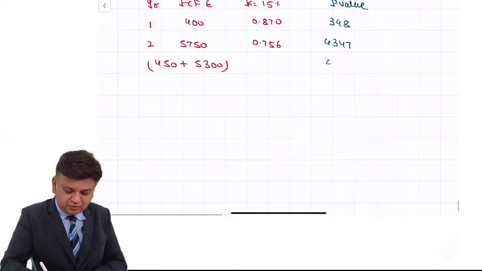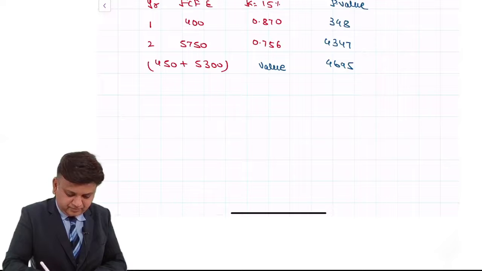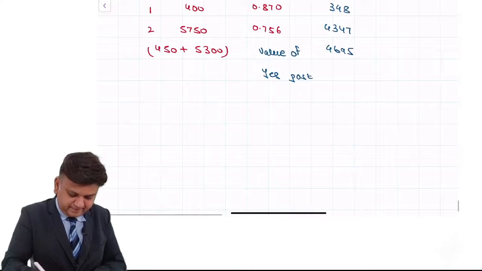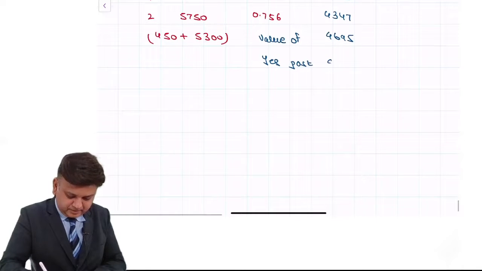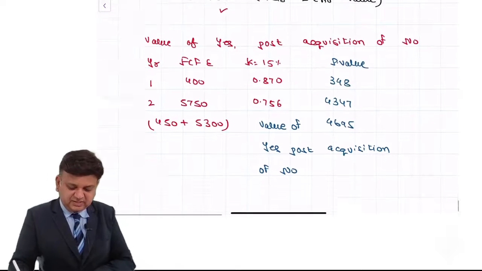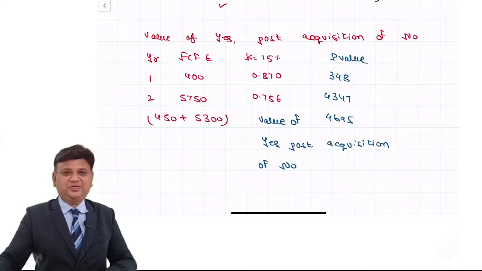So the total is 4695 lakhs. This is the value of Yes post acquisition of No. That is the way we are required to make the calculation of the answer.